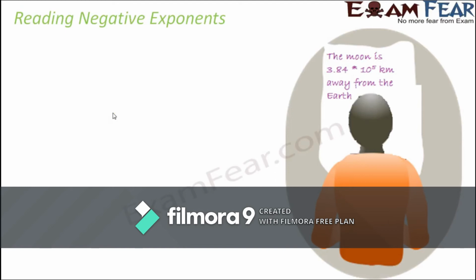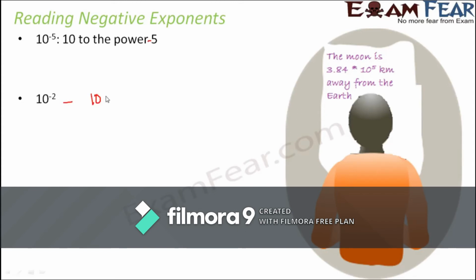The next question is, how do we read negative exponents? We know how to read positive exponents, but how about negative exponents? Let's look at some examples. If you have 10 to the power minus 5, this is to be read as 10 to the power minus 5. Similarly, how will you read this?